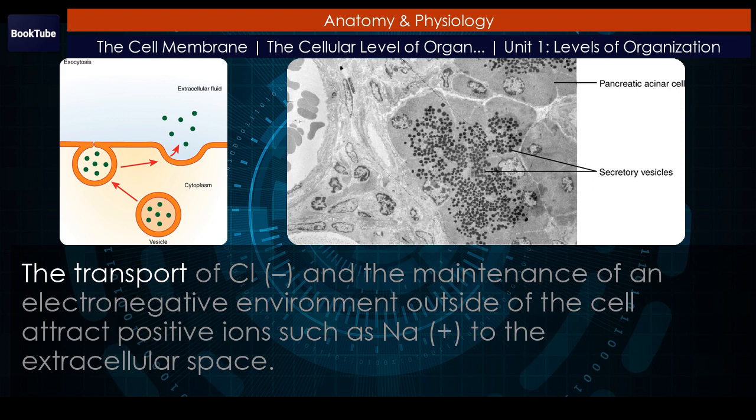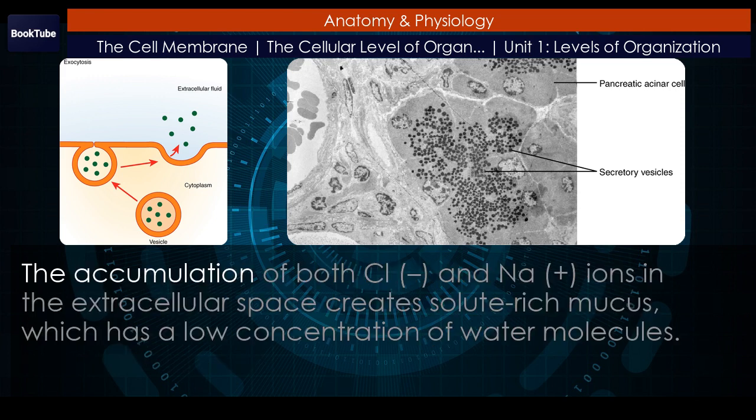The transport of Cl- and the maintenance of an electronegative environment outside of the cell attract positive ions, such as Na+, to the extracellular space. The accumulation of both Cl- and Na+ ions in the extracellular space creates solute-rich mucus, which has a low concentration of water molecules.